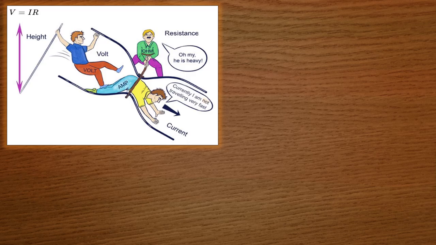The blue shirt wearing person is indicated as volt or voltage. The green shirt wearing person is indicated as resistance, and the yellow shirt wearing person is acting as current.